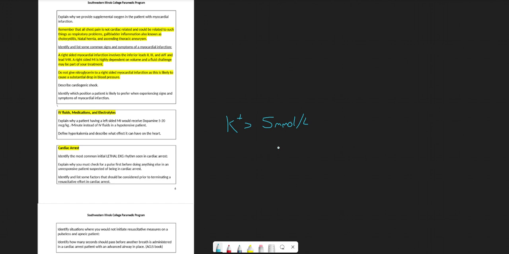However, that's only at first. As K rises, it's going to get more excitable until a certain point, and then it's going to have the opposite effect, because the resting membrane potential determines how many voltage gated sodium channels are going to reopen to equalize the membrane.